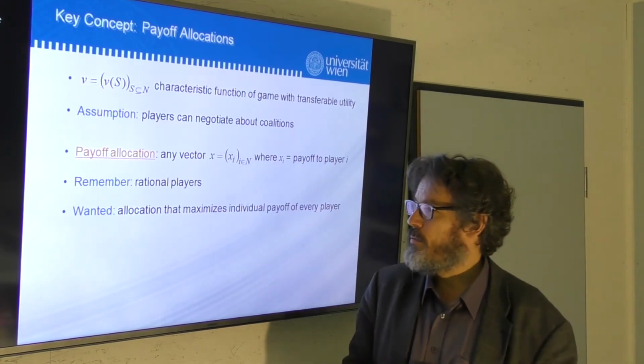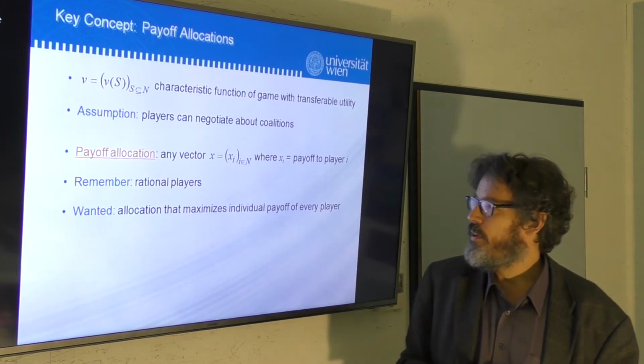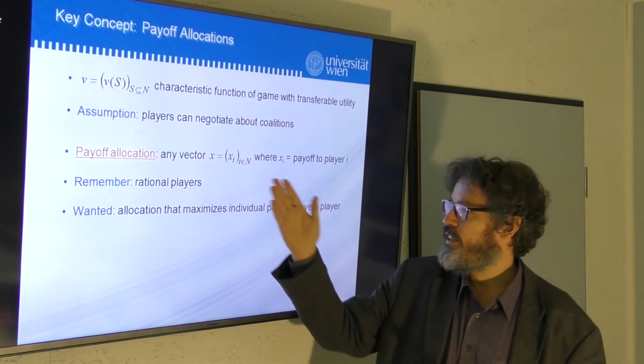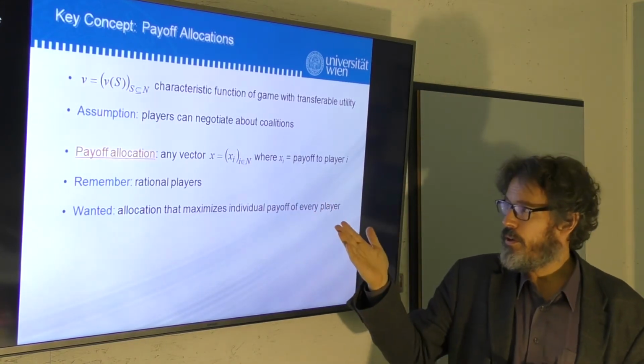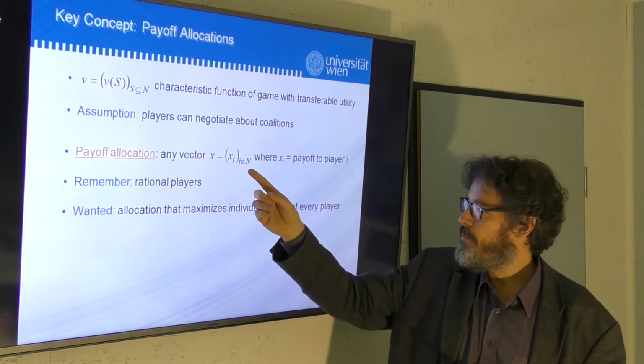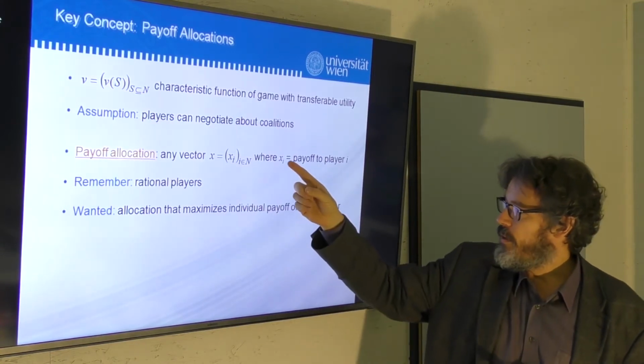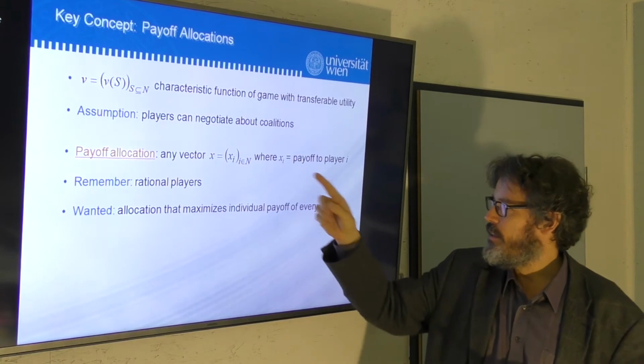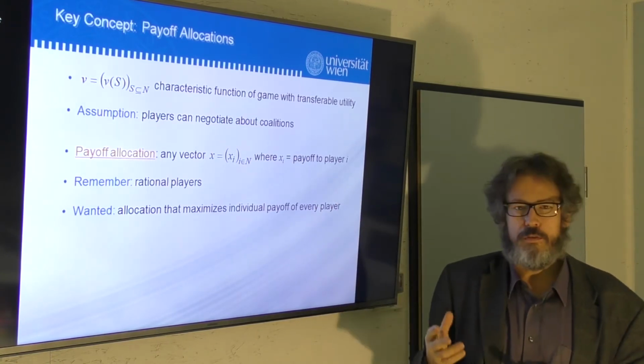And we define first what that means. So here we see that a payoff allocation is defined as just a vector with a component for each of the players, where the component number i, x index i, is just the payoff to player i.